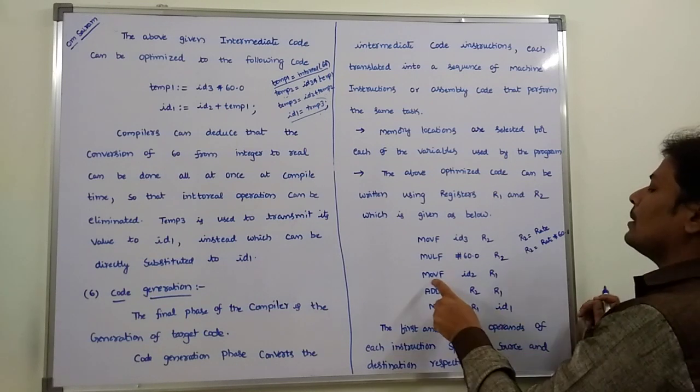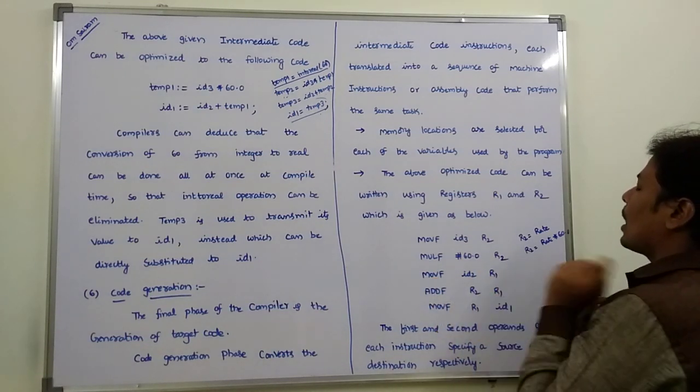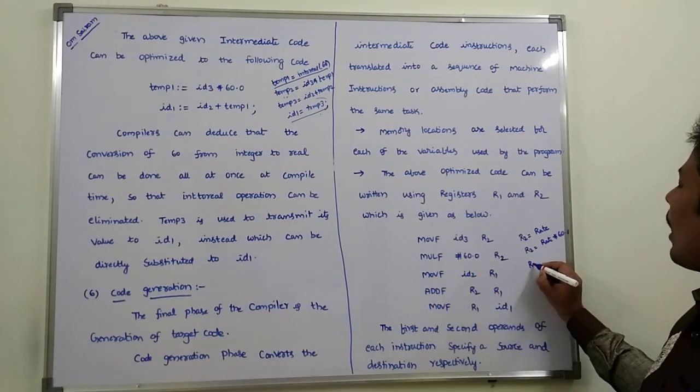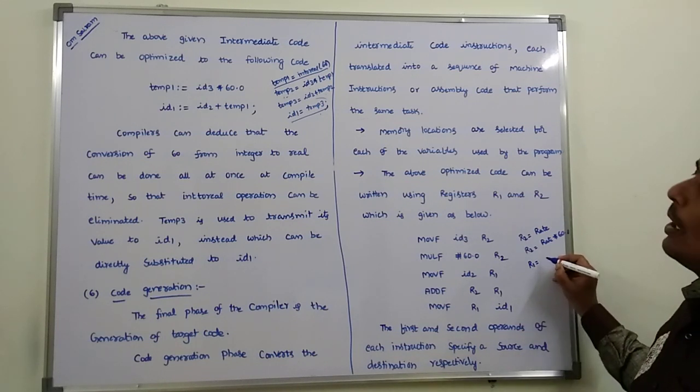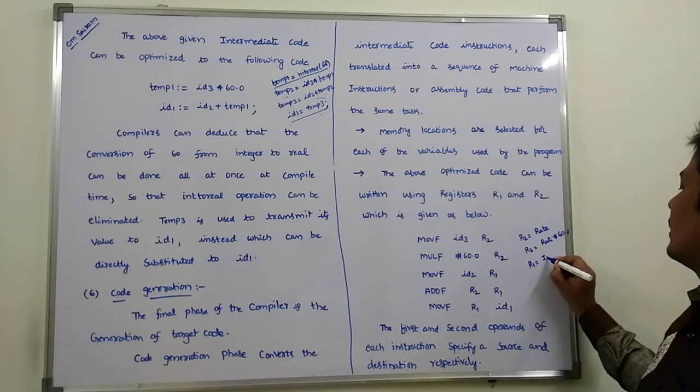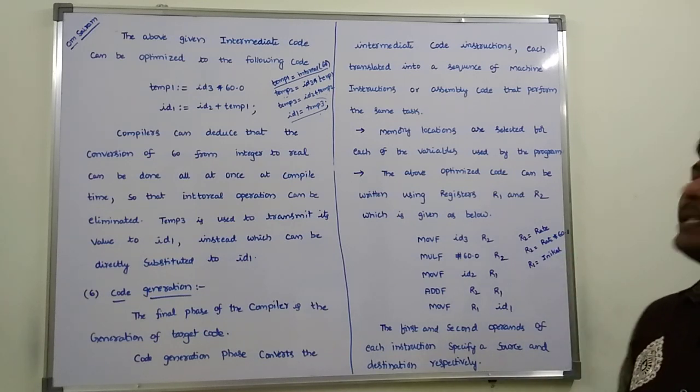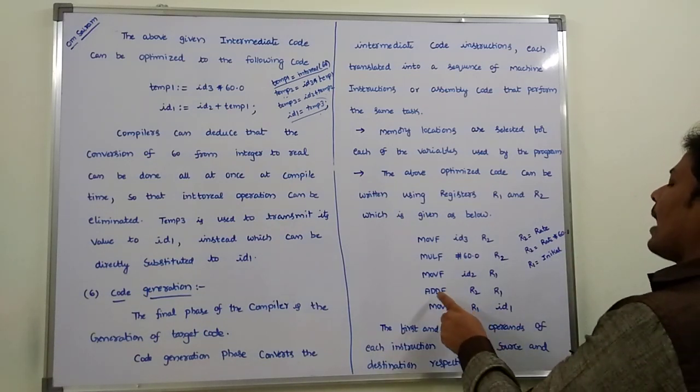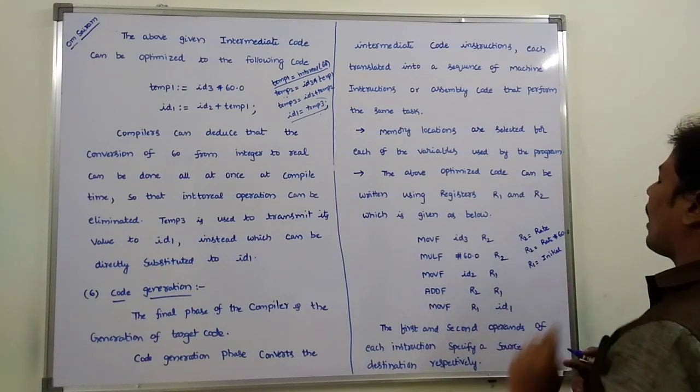Now the result is rate into 60. Next one, MOVF id2, R1. So now R1 contains id2. id2 is initial. Next one, ADDF R2, R1.